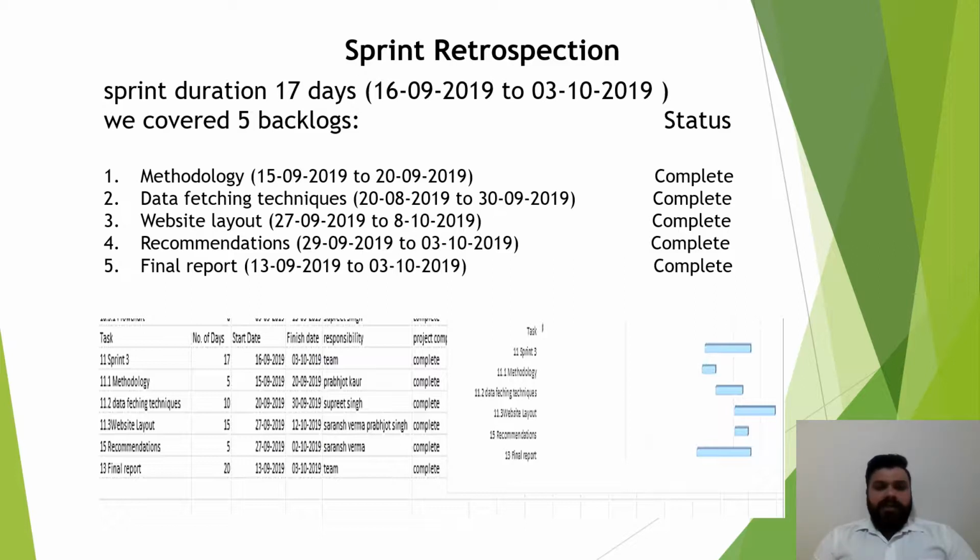This sprint is 17 days, and we have done a lot of things in this sprint. So we have divided this work among my team members, and then one by one we do our own work and finish this project in a timely manner.